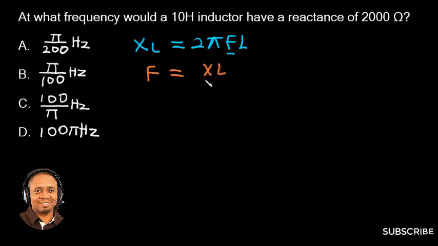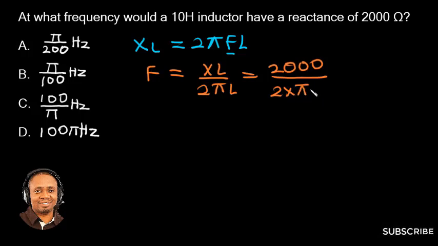So we have f equals XL over 2 pi L, and in the question, we are already given some values. We have the reactance, which is given as 2000 ohms, over 2 times pi. We are working in terms of pi, so we're not going to change that value. Then for the inductance, we're given 10 Henry.